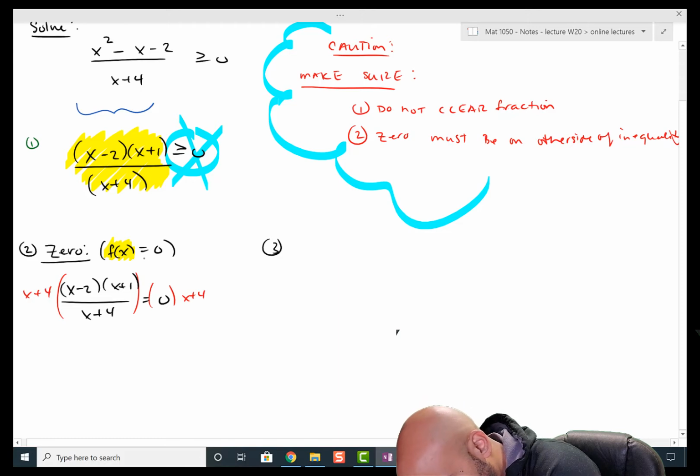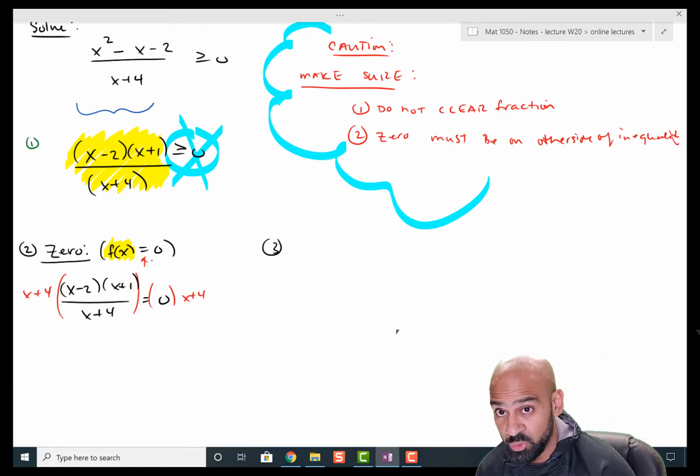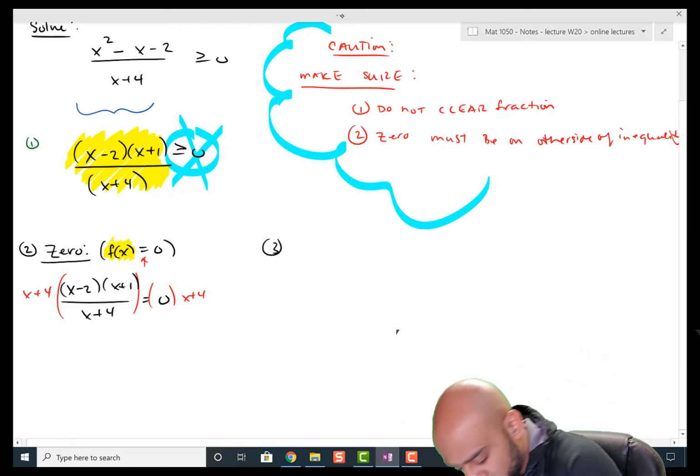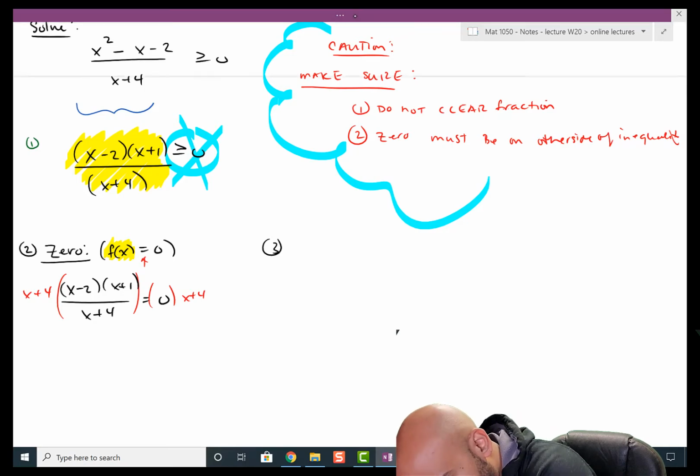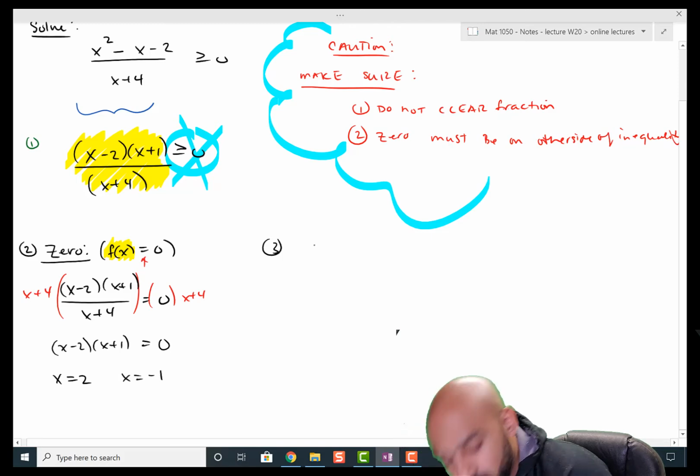And again, why is this an equal sign, not an inequality? Because in order to find when it is equal to 0, I need to set it equal to 0. That's what I'm doing here. Clear the fraction, and now you're left with x minus 2, x plus 1, and that equals 0.